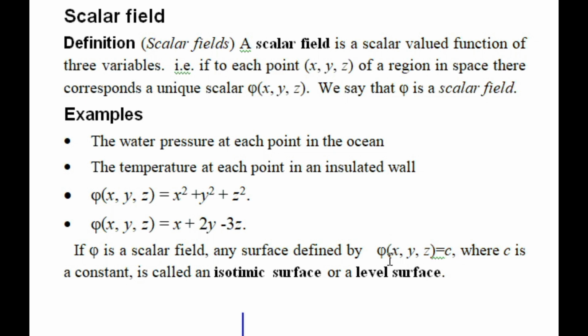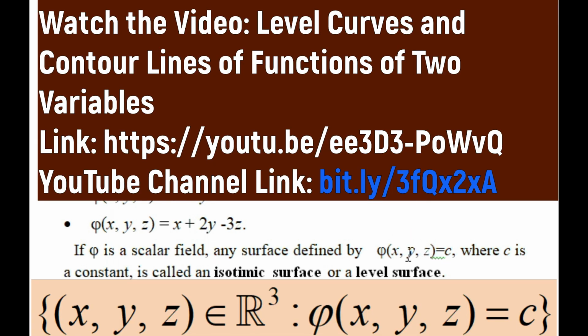Then phi of xyz is equal to c is the set of all triples x, y, z for which phi of xyz is equal to c. Such a collection of triples forms a subset of three-dimensional space. So such a subset will be a surface, and that surface is called a level surface.